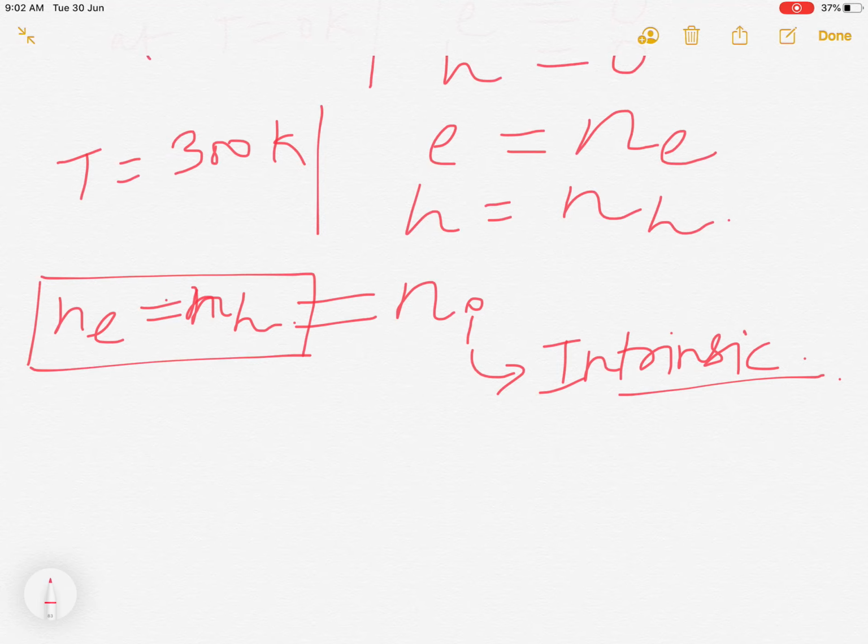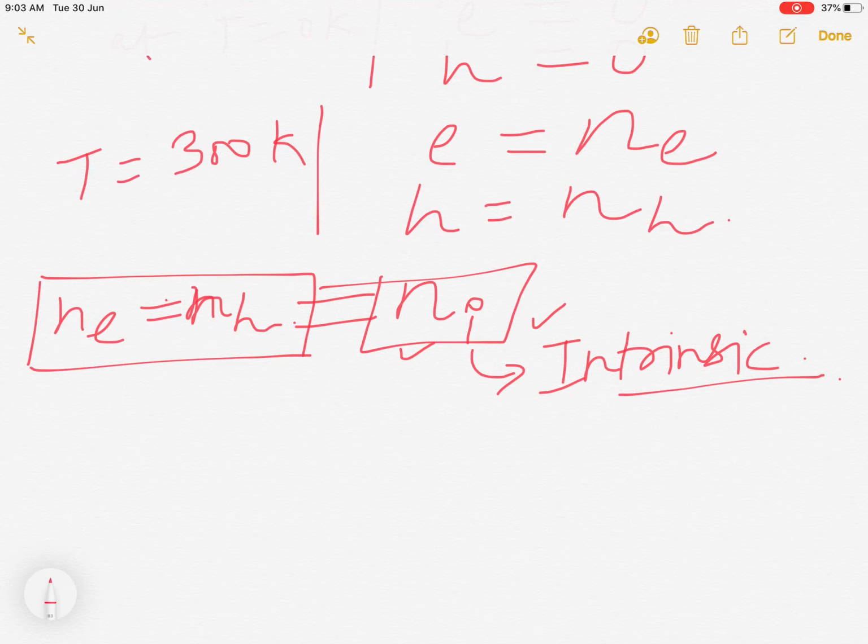Okay, so now when we talk about intrinsic semiconductor at equilibrium, meaning thermal equilibrium, it could be at any temperature; these values will be different but constant, right? At a certain temperature there will be a fixed number of electrons and holes for a specific intrinsic semiconductor.